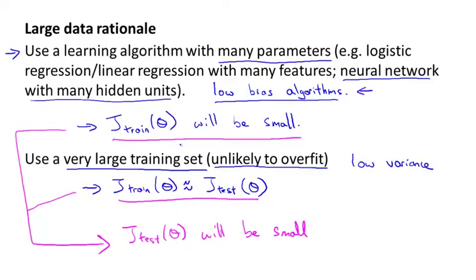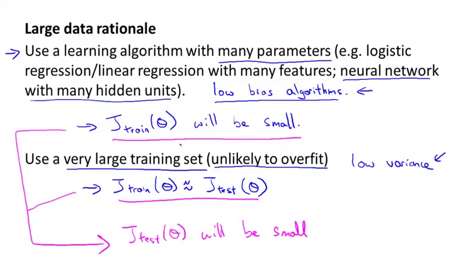It's by putting these two together that we end up with a low bias and low variance learning algorithm, and this allows us to do well on the test set. Fundamentally, the key ingredients are assuming that the features have enough information and we have a rich class of functions, which guarantees low bias, and then having a massive training set, which guarantees low variance.